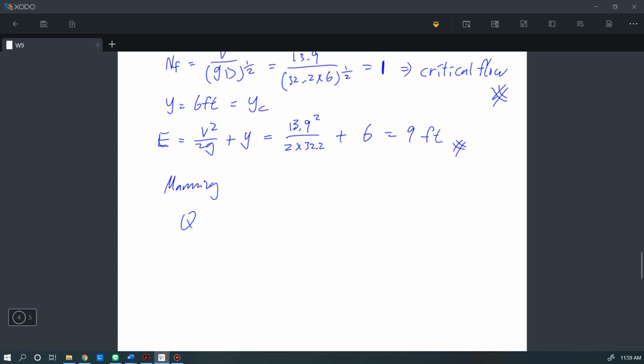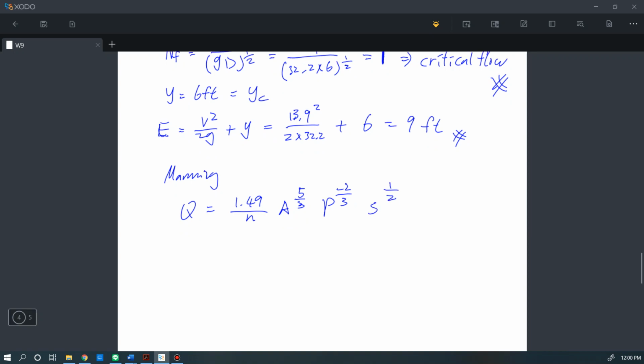That is, Q, the flow rate, is equal to 1.49 divided by n, times A to the power of 5/3, times the wetted perimeter to the power of -2/3, times slope to the power of 1/2.